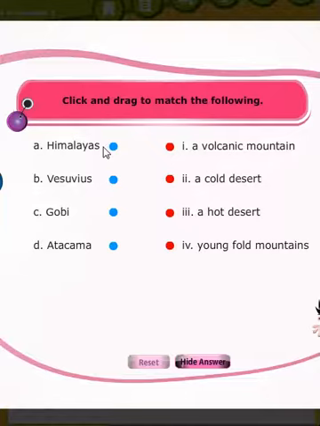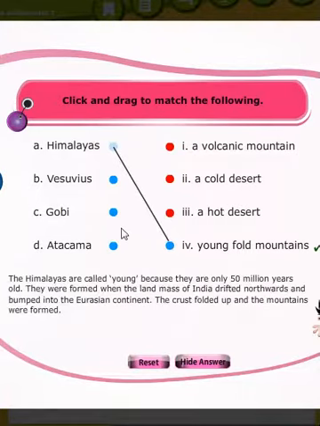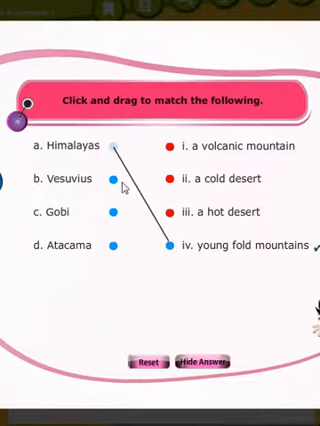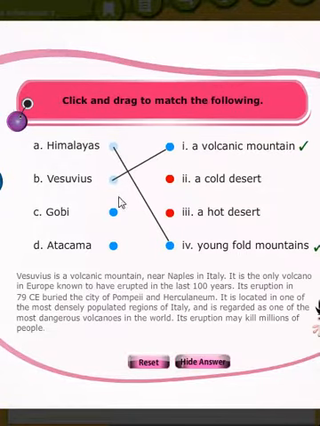So this one, Himalayas, where will it come? Young Fold Mountain, right? Next, Vesuvius, that is a volcanic mountain, right?